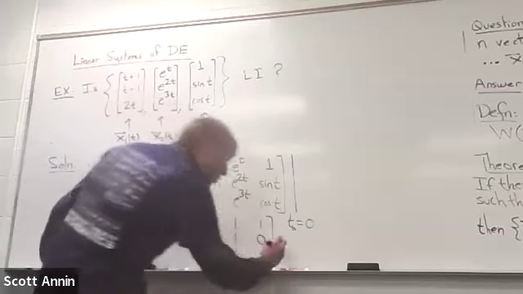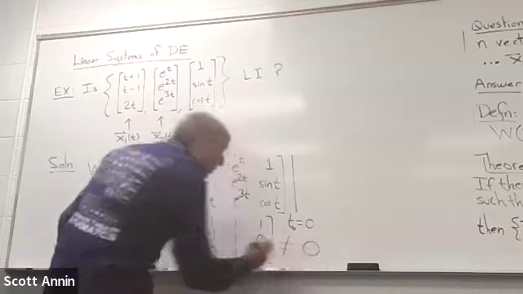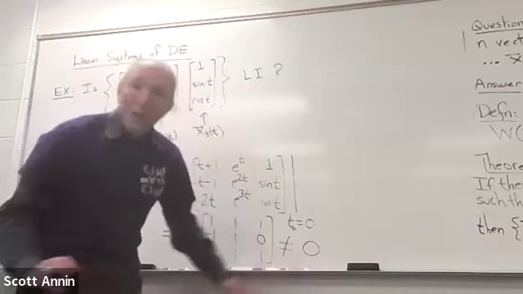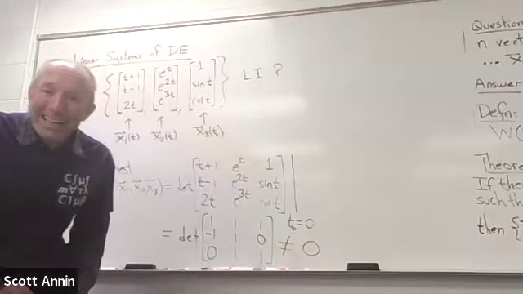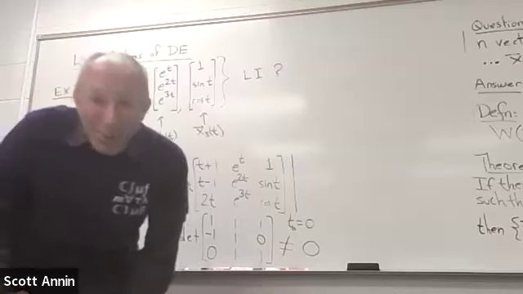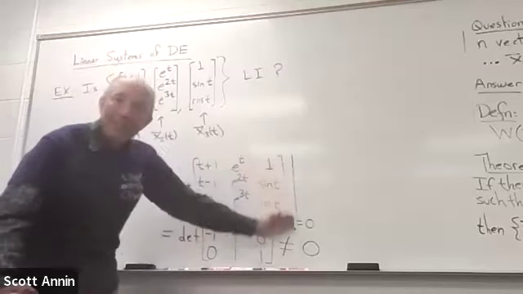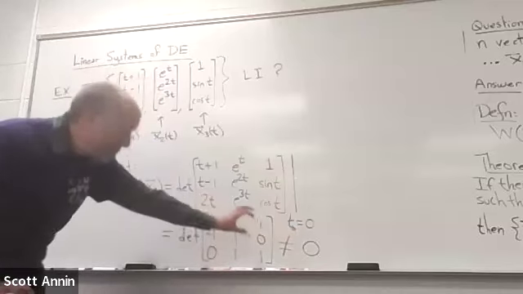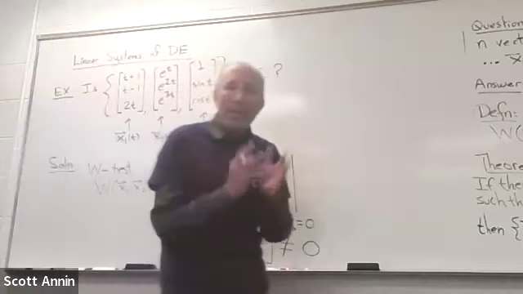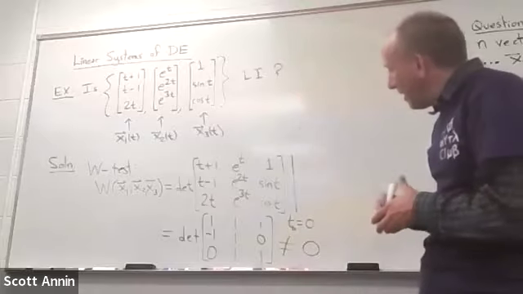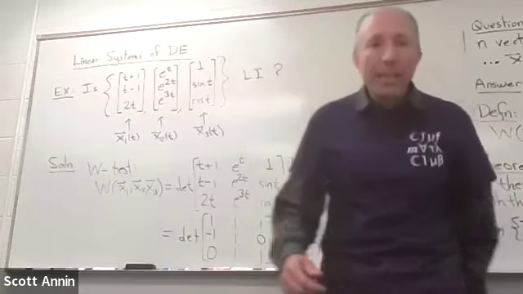And guess what, guys? I'm not going to show you the arrow method details, but I can tell you that this determinant is not 0. We just got lucky right away. The first value of t that we tried, when we substituted it into all of the parts of our matrix, we ended up getting a non-zero Wronskian.